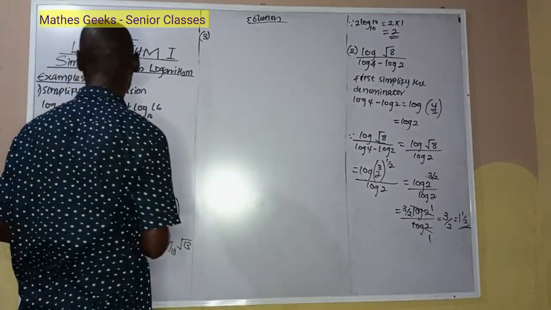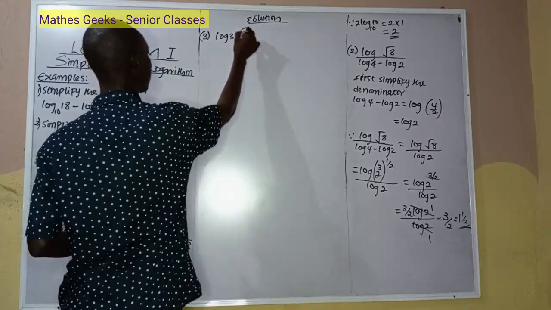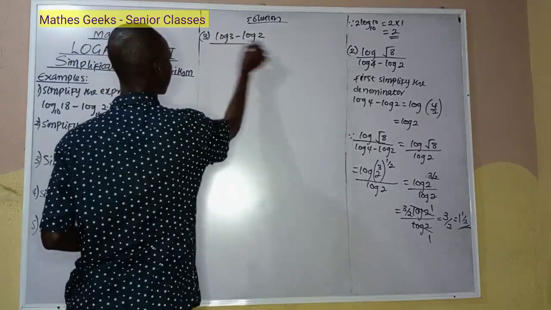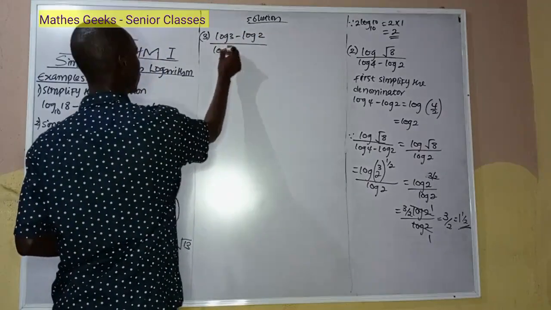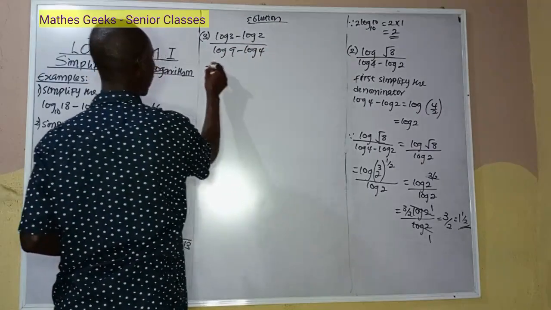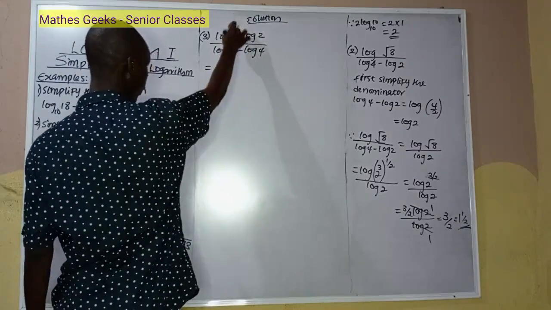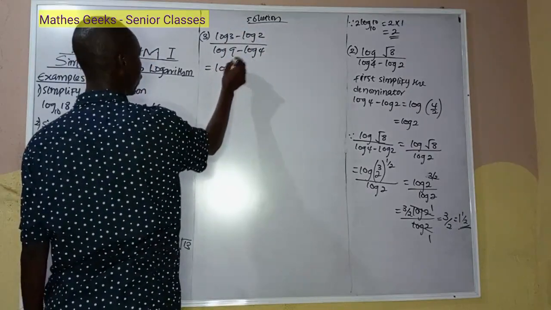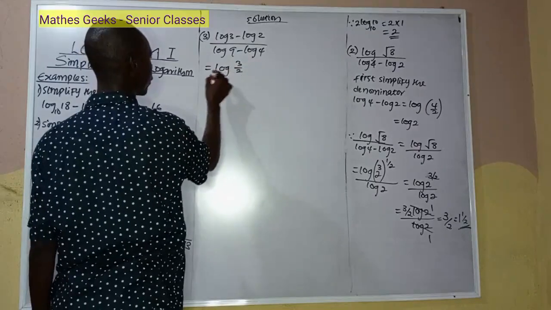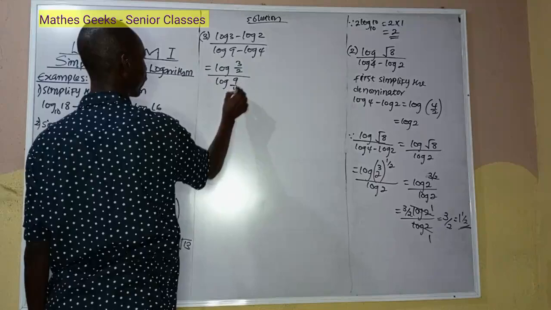Number 3, simplify log 3 minus log 2 over log 9 minus log 4. Since we have subtraction here and subtraction here, this will give us log 3 over 2 over log 9 over 4.